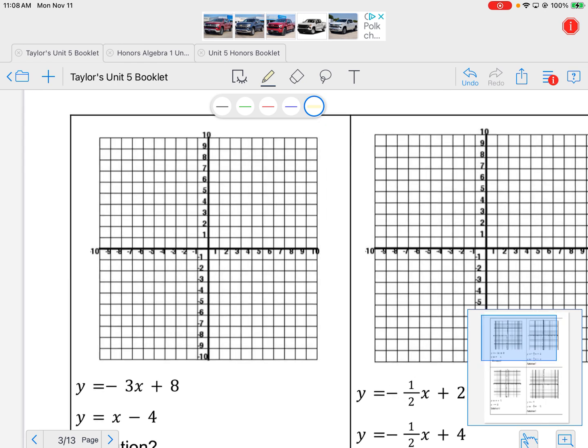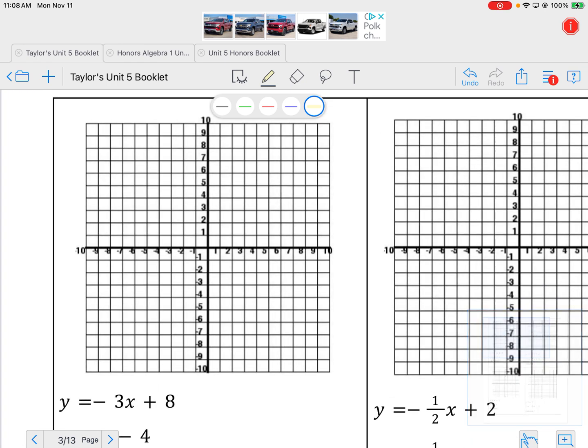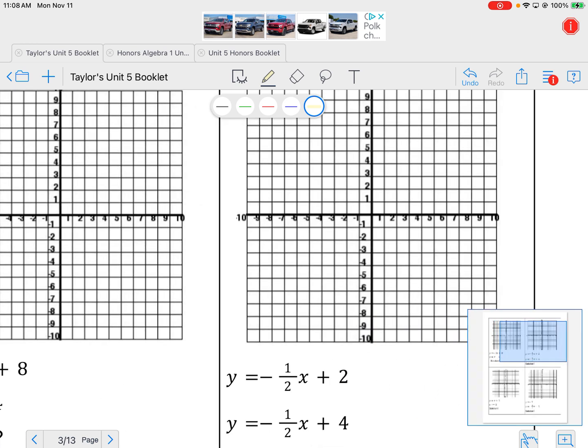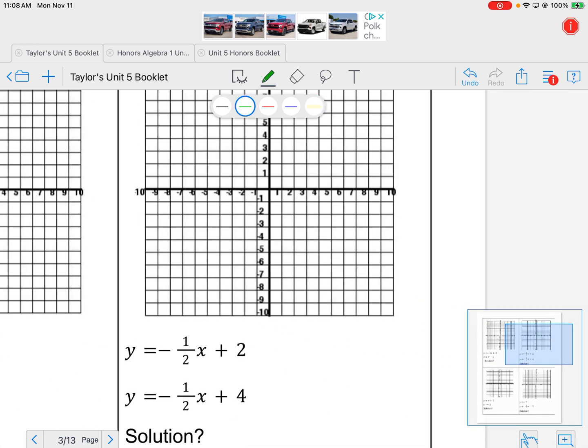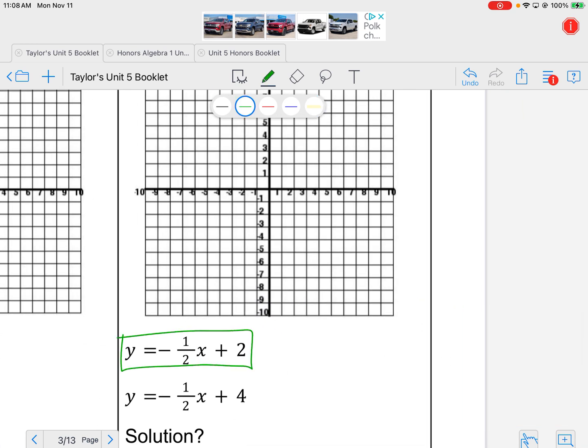All right, I want you to graph this one right here, and I want you to check it with the completed class notes. All right, so now I'm going to graph these two right here. So my slope is a -1/2, so I'm going to go down 1, right 2, and then my b is 2.